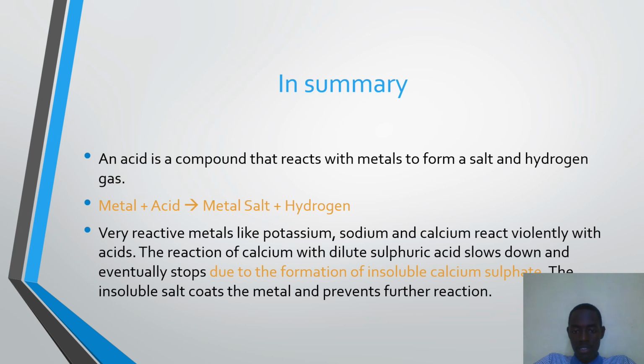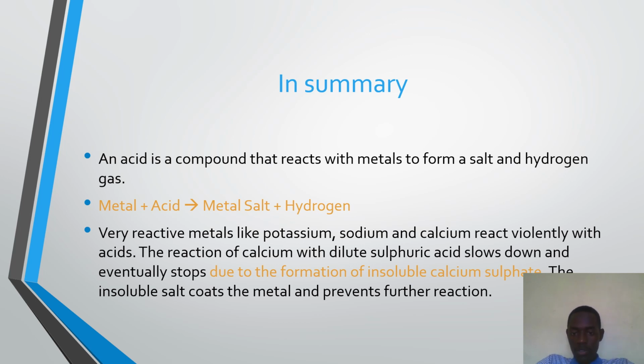That is the test for carbon dioxide: a white precipitate is formed when carbon dioxide is bubbled through lime water. The white precipitate is calcium carbonate. The calcium carbonate is formed when carbon dioxide reacts with the lime water, which is calcium hydroxide.